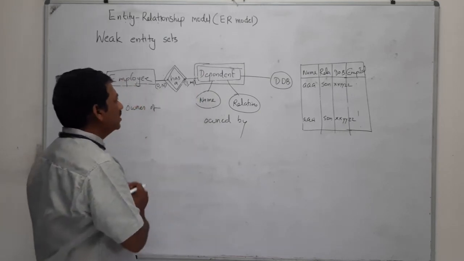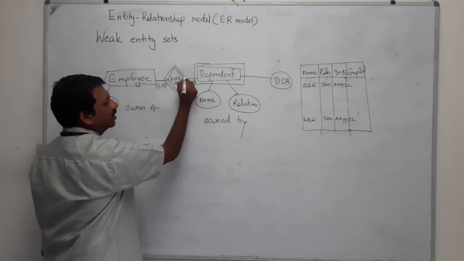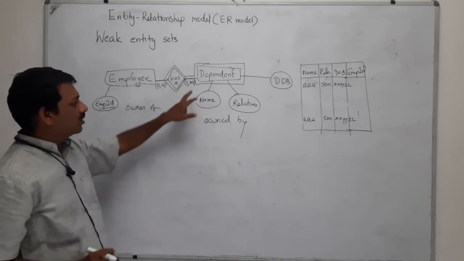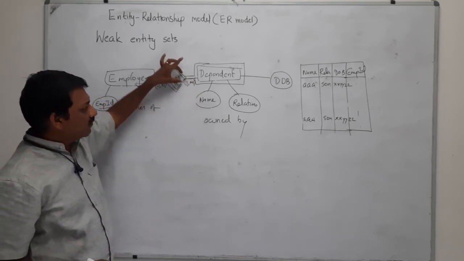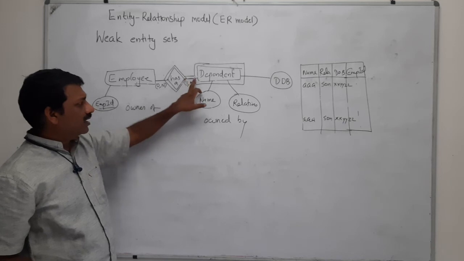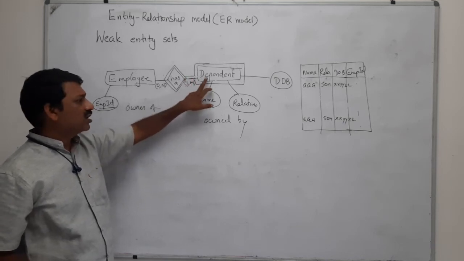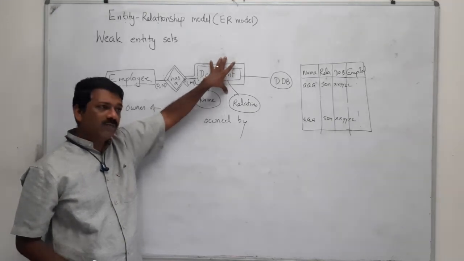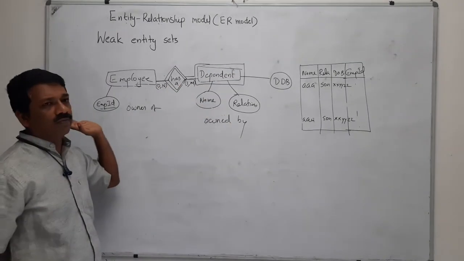That means this is a strong participation, means this is total participation. That means if you are having double ends in this relationship, that means total participation. That means if you have a dependent, then that should be connected to an employee.